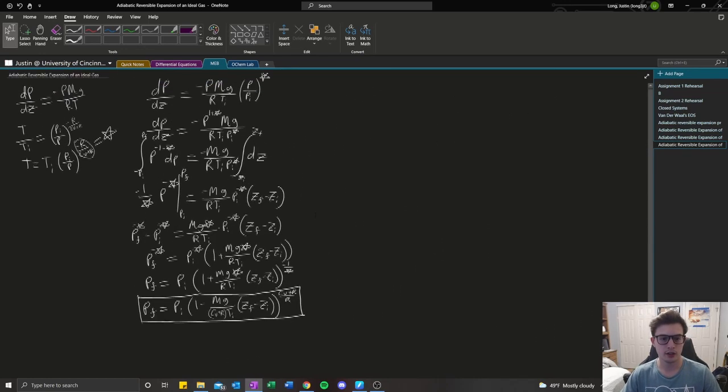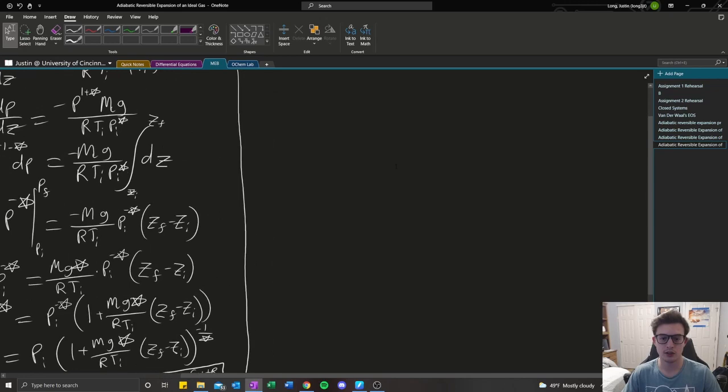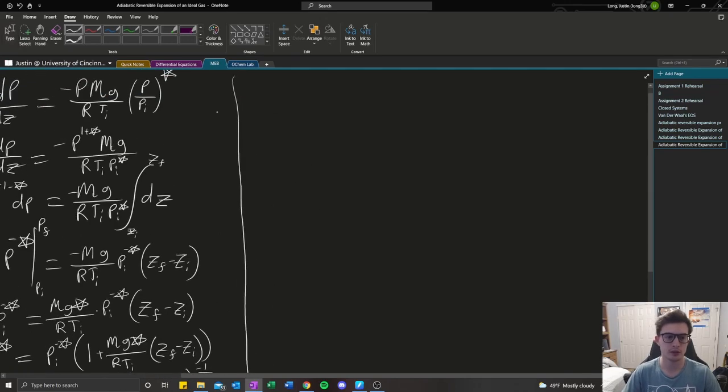Let's zoom out here, get more space. The other thing that we wanted was how temperature relates to the position. So I'm going to go ahead and zoom in a little so we can see. So my writing's a little bit smaller.